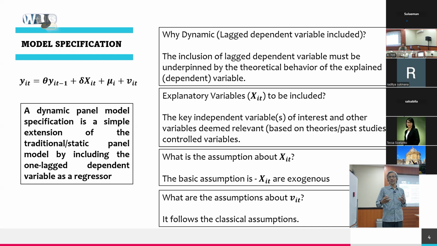And of course, the best defense would be, these are common practices, people include these variables. But better yet, you have your own strategy in terms of deciding what variables need to be included in x, right? And look at here, what are deemed relevant, maybe based on theories, maybe based on past studies, right? Sorry to use a lot of your examples, because you look at economic growth, the theory is Solow growth models or neoclassical growth.